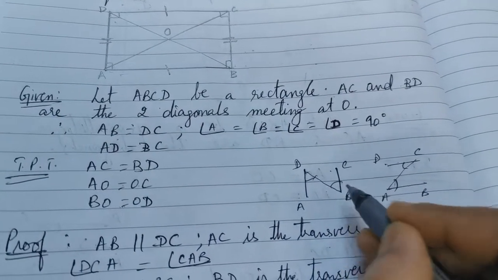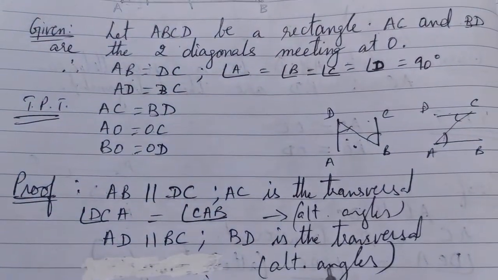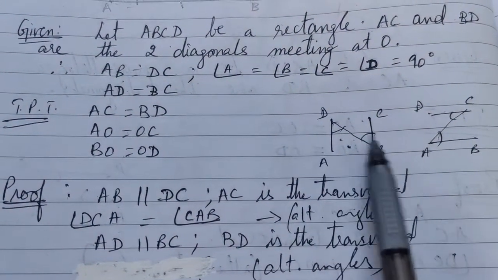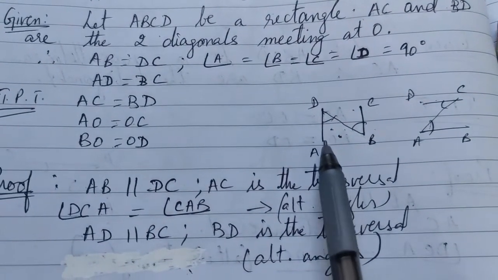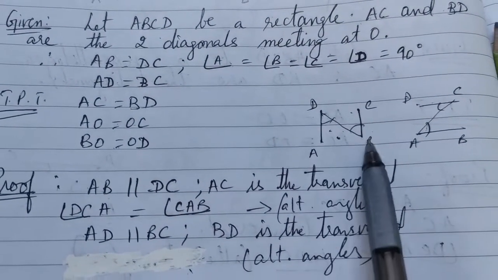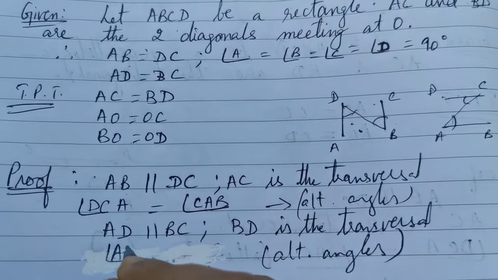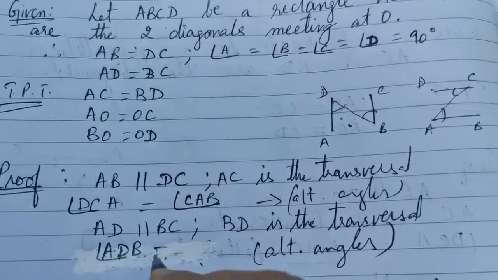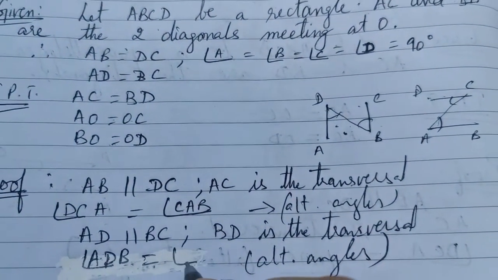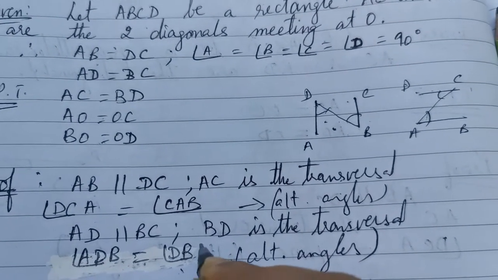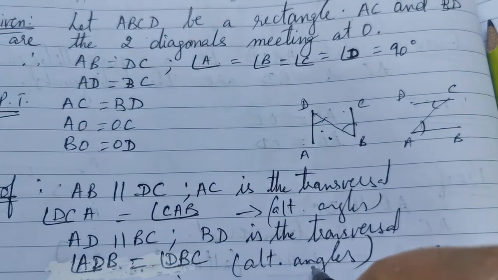Therefore, these are the two alternate angles. So I have two parallel lines AD and BC and BD as the transversal. The alternate angles formed are angle ADB is equal to angle DBC. So these are the two alternate angles.